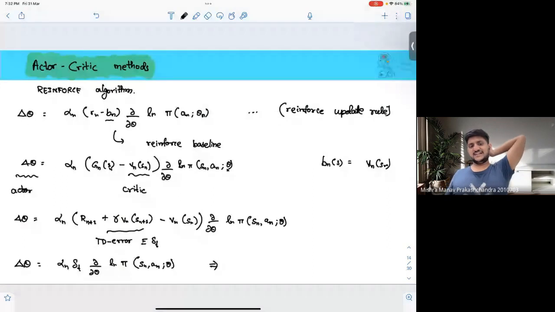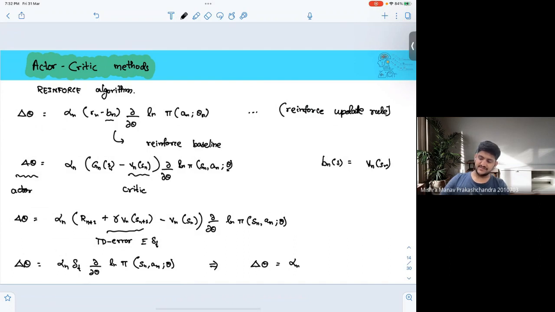If a particular state action pair is encountered, you get this to be 1, otherwise 0. Some kind of a representation that you can get. So you define it as this quantity times alpha n delta n, and let's say this is the phi representation for that policy. Okay, so this is how the update rule for an actor critic method looks.